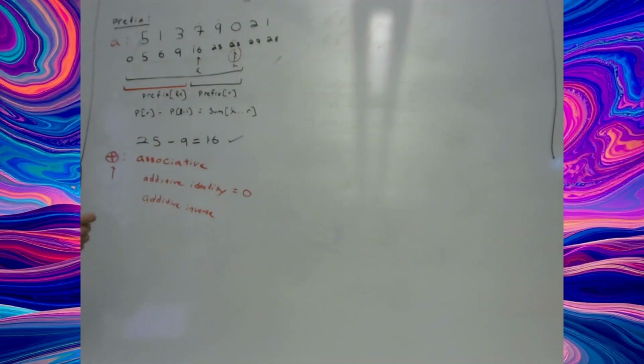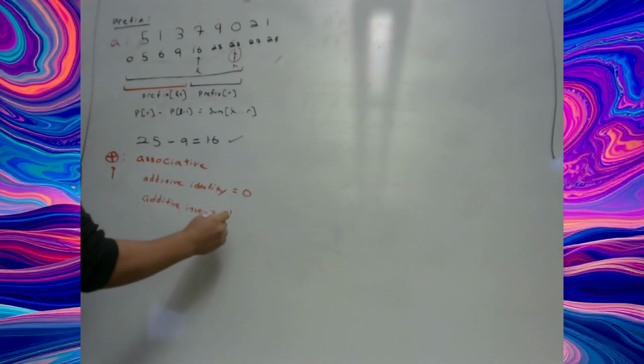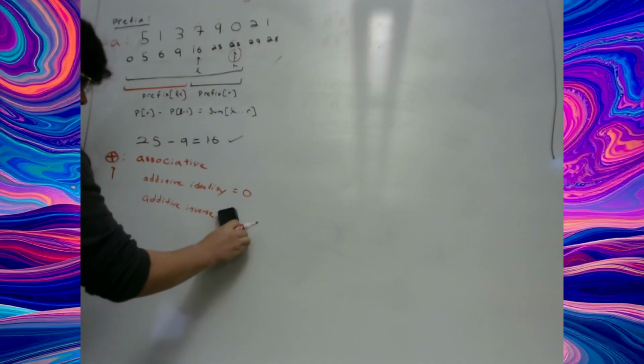And so those obviously need to exist. The additive inverse, shorthand, is just negative a. And those are the 3 conditions for this kind of prefix table idea.